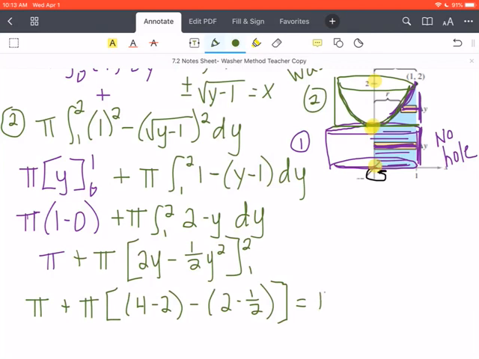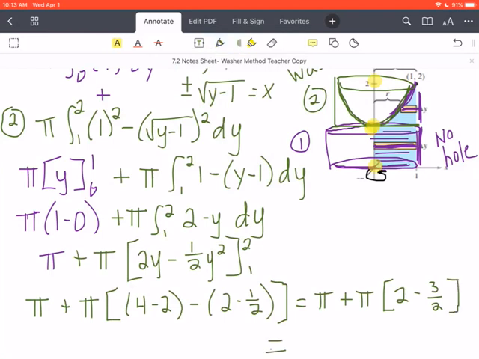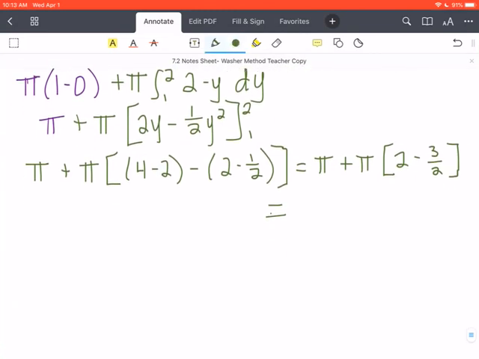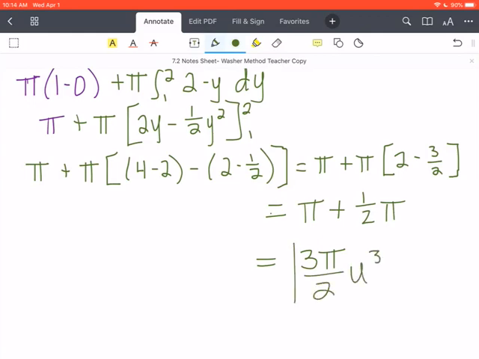So I get pi plus pi times 2 minus 3/2 or 1.5. So I have pi plus 1/2 pi. So I get 3/2 pi, or 3 pi over 2 units cubed is the volume of the entire solid. But again, this was a 2-part integral.